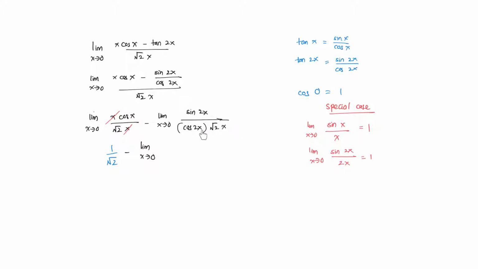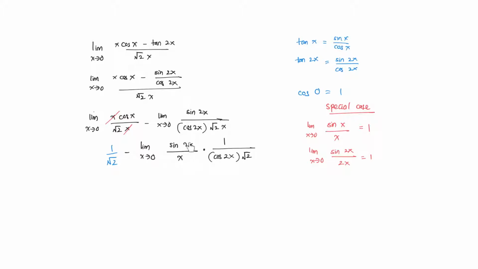Since this is just normal multiplication, we can copy this sine 2x, pick this x and bring it below that sine 2x. Then we multiply it with the rest of the equation, 1 over cos 2x multiplied by sec 2. Now we have two separate parts: the first part is sine, and the second part is 1 over cos.